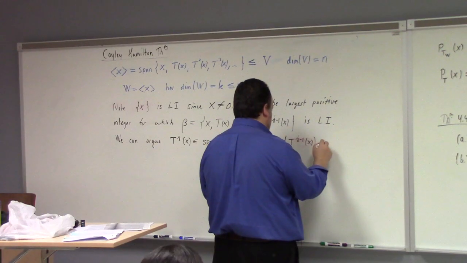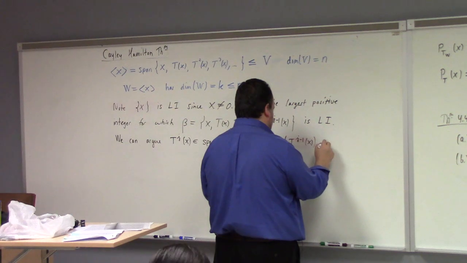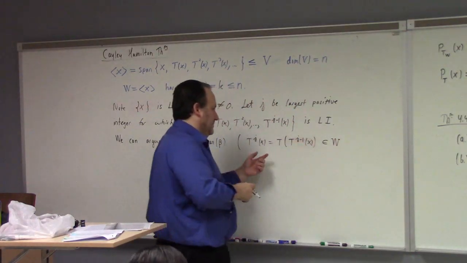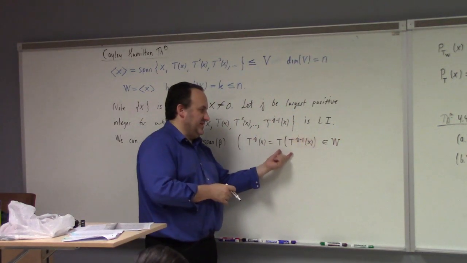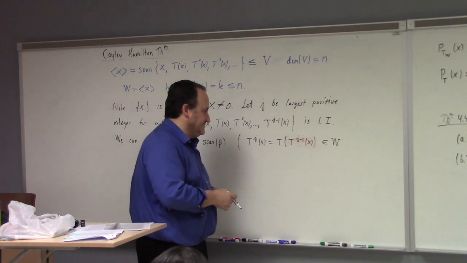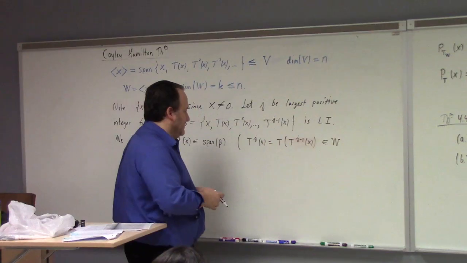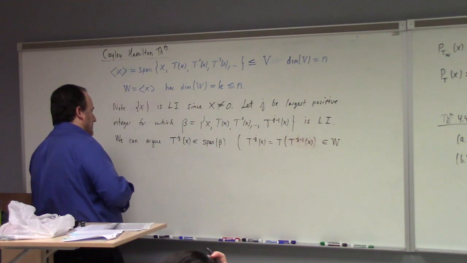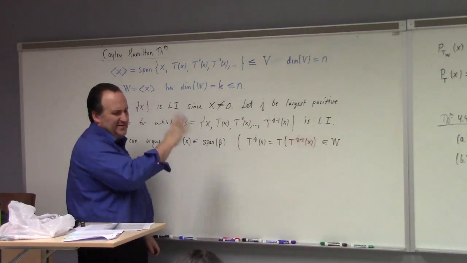Rats. I mean, this is still an element of W, obviously, right? Because it's T. This is always where I get stuck.